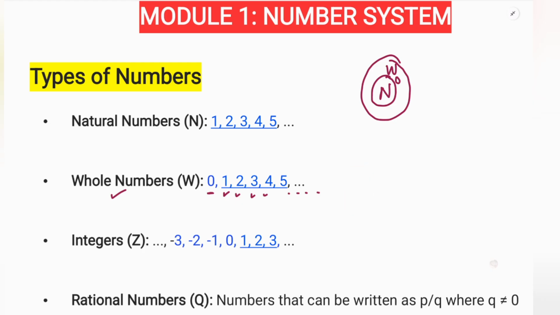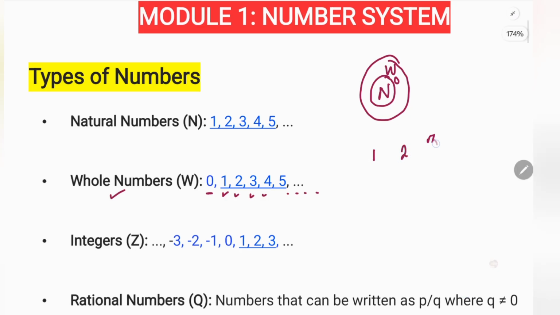What are integers? Integers are also whole numbers only. Whole means a complete number. It is not a part. It is not 1 by 2, 2 by 3. It is not a fraction. It is a whole complete number like 1, 2, 3. But when we have negative, -1, -2, -3, -4, and positive, like 1, 2, 3, 4, negative and positive and 0 as well, all these are integers.